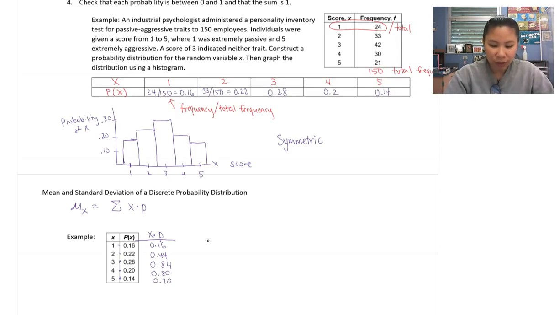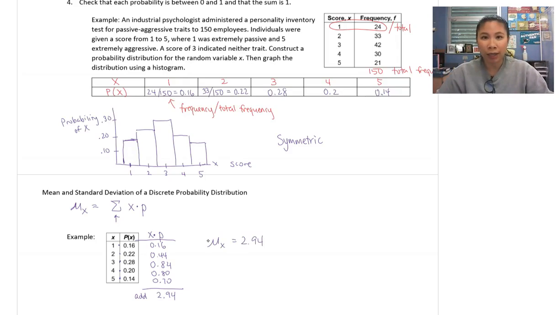Okay, so we just did all of the x's times the p's, and then lastly we have to add them all up because of the sum. When I add all of this together, I end up with 2.94. So the mean is going to be 2.94, which means if I had a whole bunch of people take this passive aggressive test, the average score that people would get would be 2.94. So most people are neutral, which is about right.